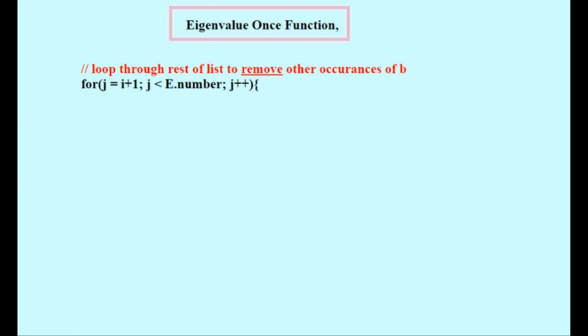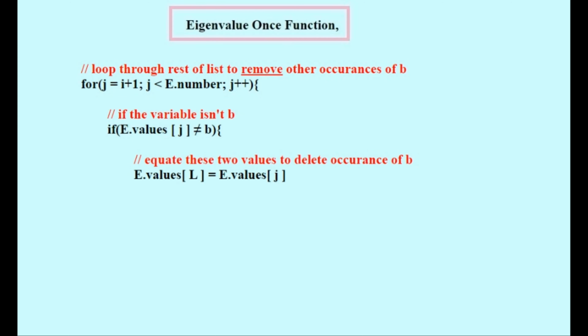So here's the main loop that will step through every value in the rest of the list. So when the next value is not equal to B, that is the value that we're trying to remove from this list, we do the following. And as we evaluate this expression, it acts so as to erase all other occurrences of B in this list.